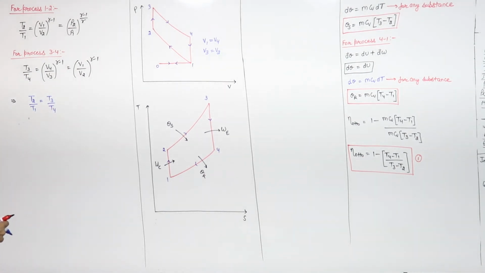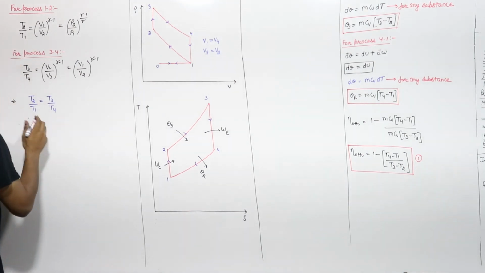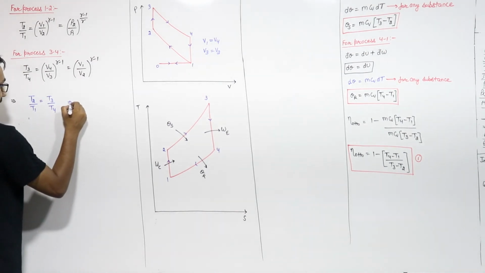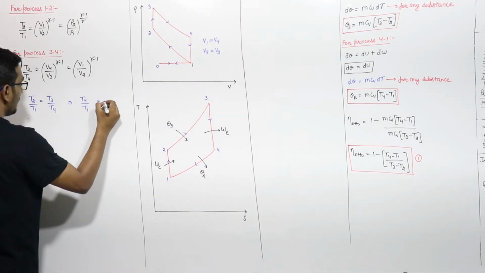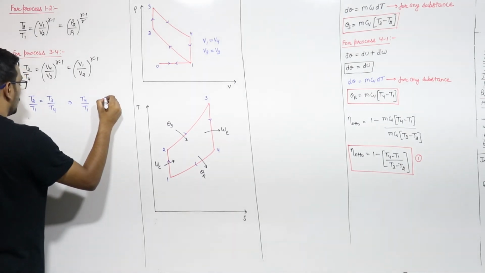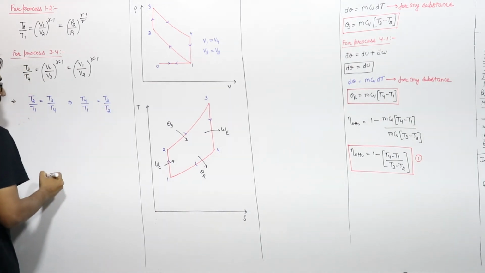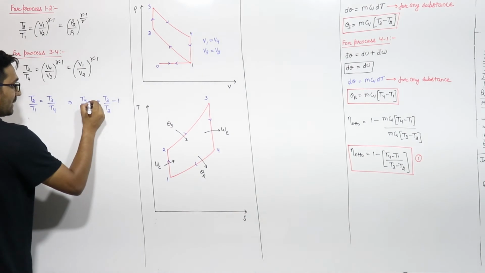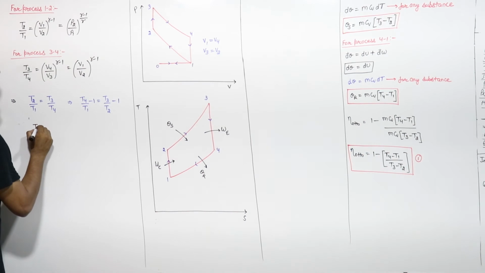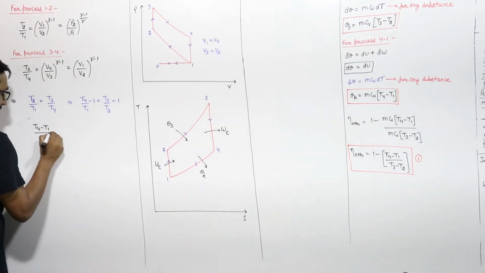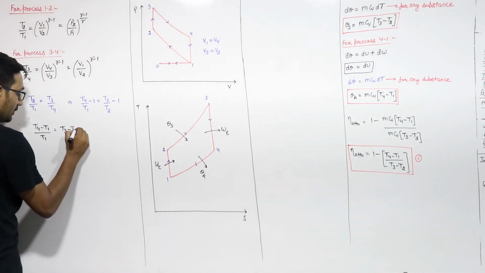Or this can be written as T4 by T1 will be equal to T3 by T2, right? If I subtract 1 from both sides and solve, this will be (T4 minus T1) divided by T1 equal to (T3 minus T2) divided by T2.